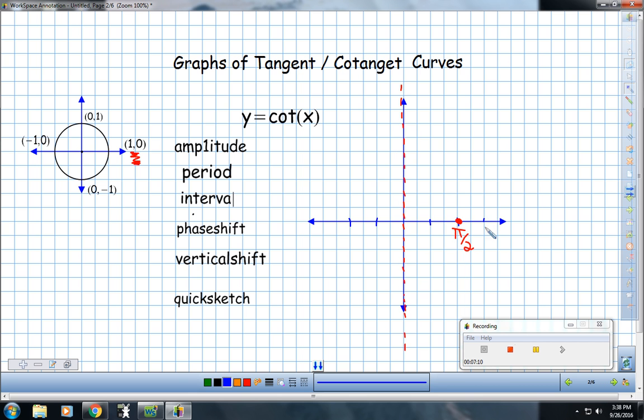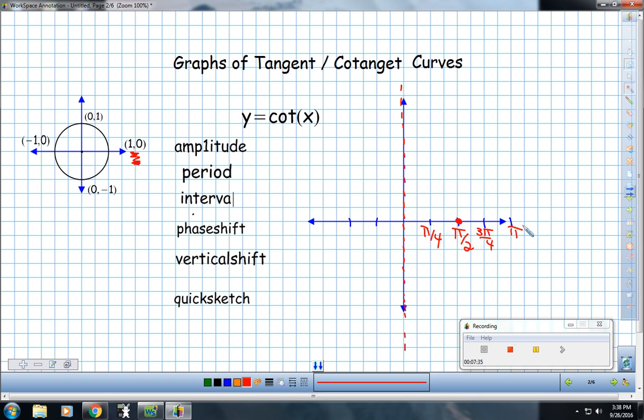So I actually need a point here and another point here. So if I'm going up by pi over 2's, if this is pi over 2, then my interval must have been pi over 4. So pi over 4, 2 pi over 4, 3 pi over 4, 4 pi over 4, which would be pi.